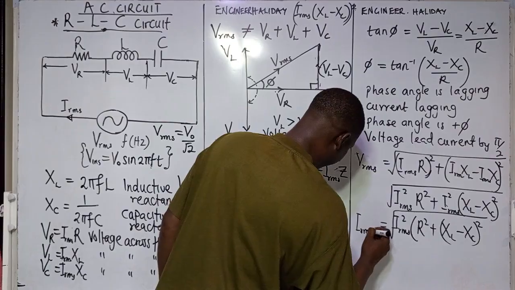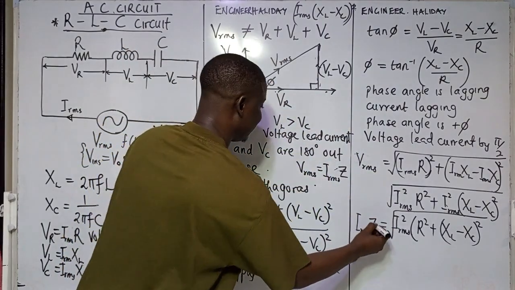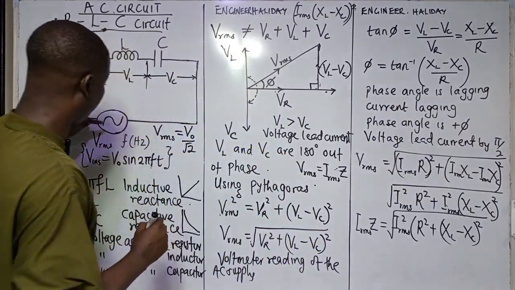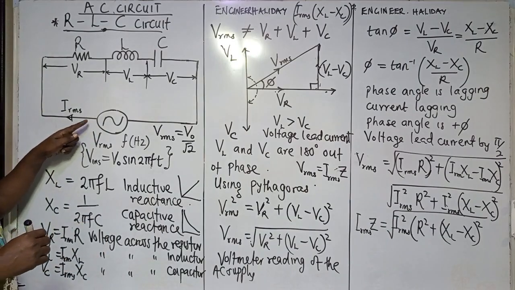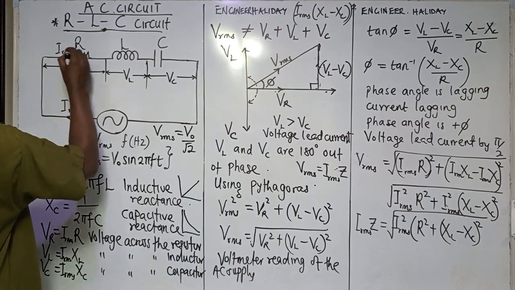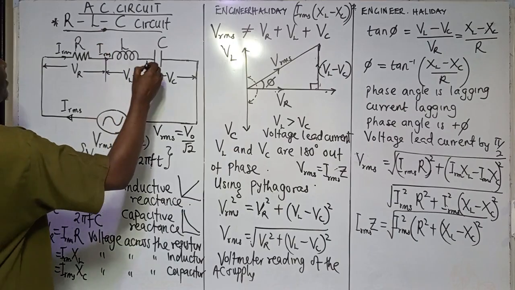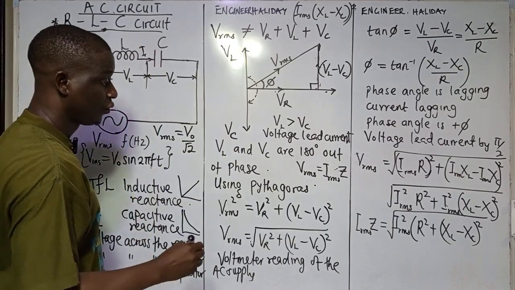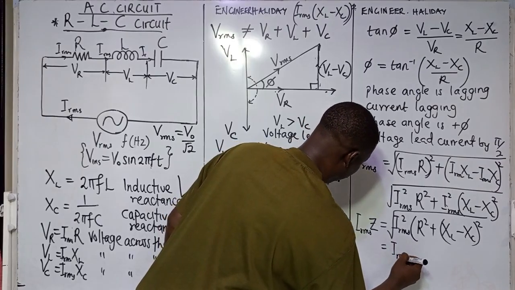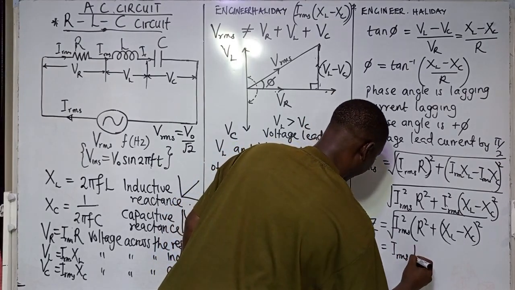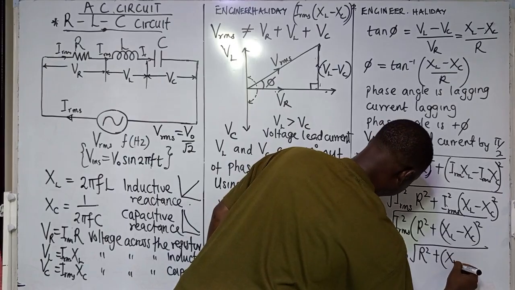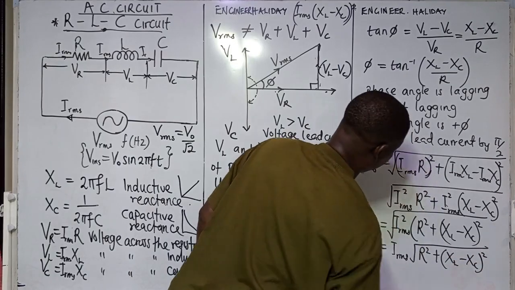That is equal to IRMS times Z. I told you that Z is impedance. VRMS, which is the voltage across the supply, is equal to the root mean square current that will flow through here times Z. If you factorize the square root of IRMS squared, IRMS, which is the current, will come out from the bracket: R squared plus into bracket XL minus XC all squared.